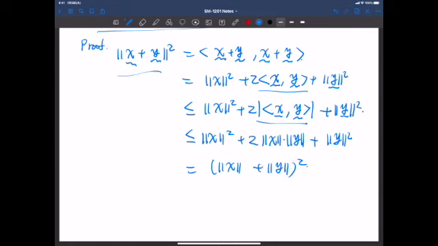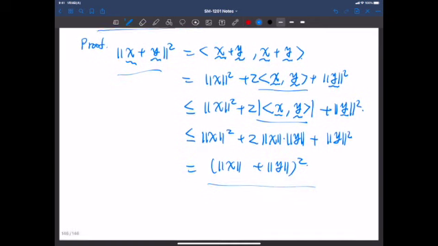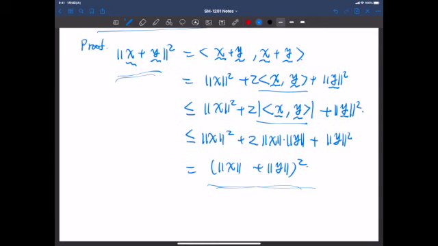So let's take the square root of both sides. Then we have the modulus of x plus y less than or equal to the modulus of x plus the modulus of y. That's it.